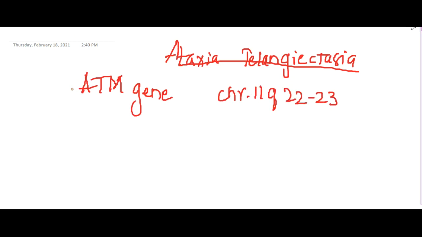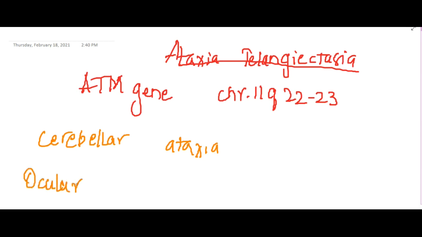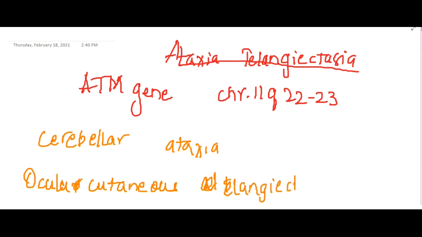Because of this defect you will see progressive cerebellar ataxia. Along with that there is also telangiectasia, that is dilated blood vessels in oculocutaneous regions. This looks something like this. I will just draw a small picture.